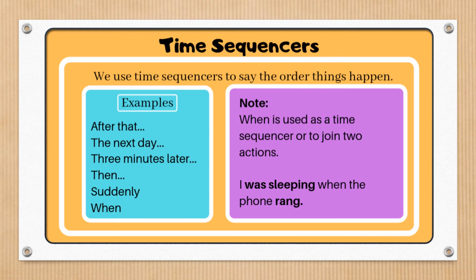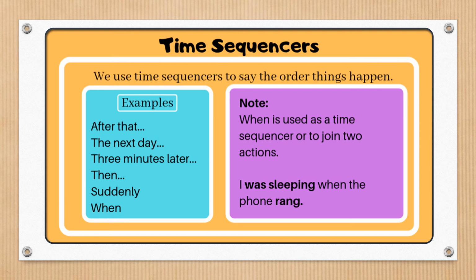When we tell an anecdote, when we talk about something we did, we normally say what we did first, then second, and at the end, right? So we can substitute first, second, and third with these words. After that, the next day or the next 2 days, for example, 3 minutes later, then suddenly, when, all of them are time sequencers that can help us to organize the ideas of a story.